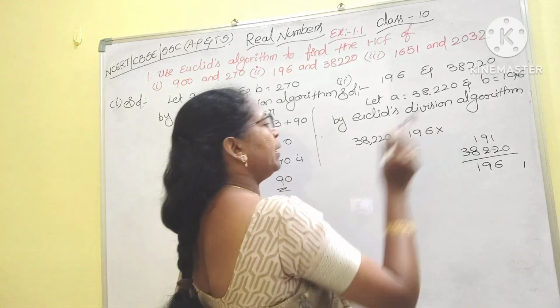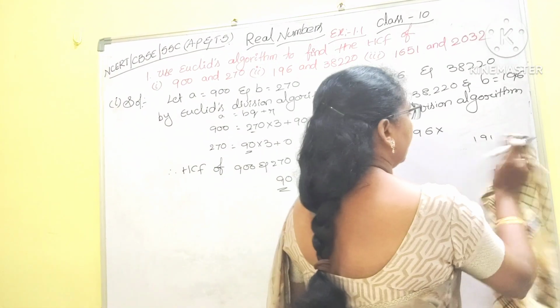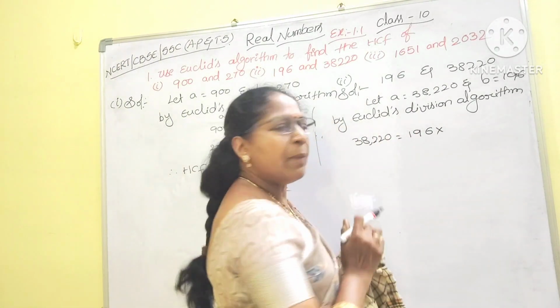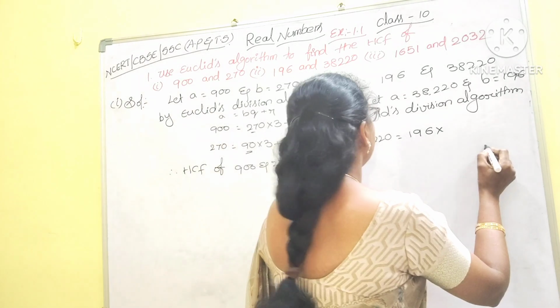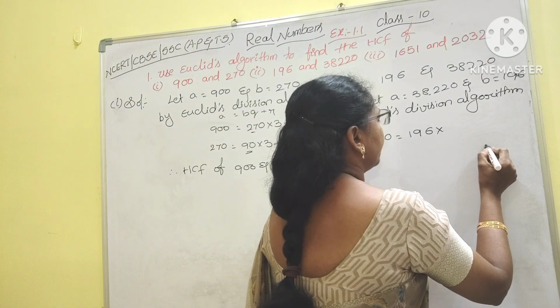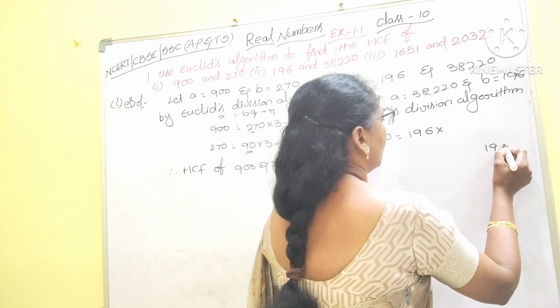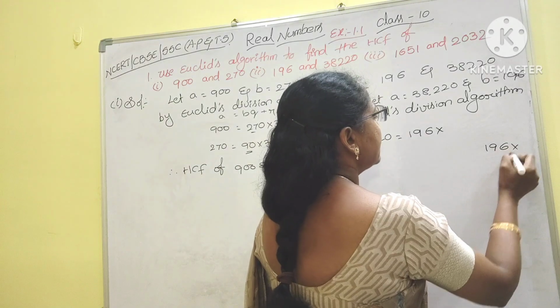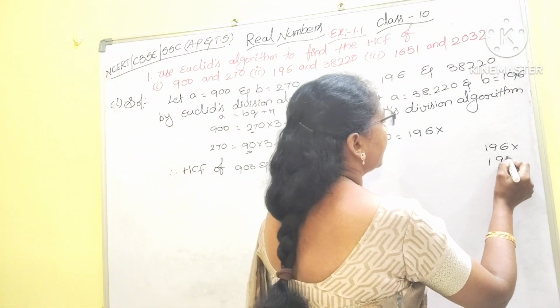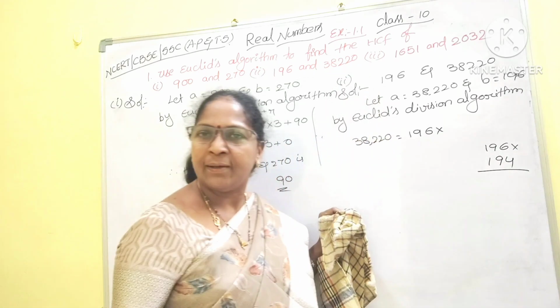So here, how many times this number is divisible by this number, just nearly that. 196 multiplication of 194, just I am checking here.